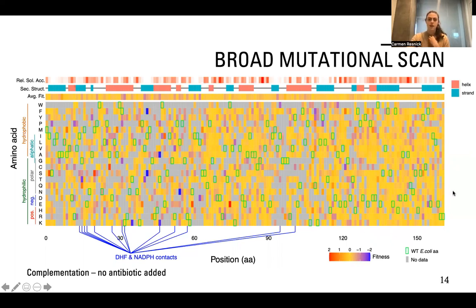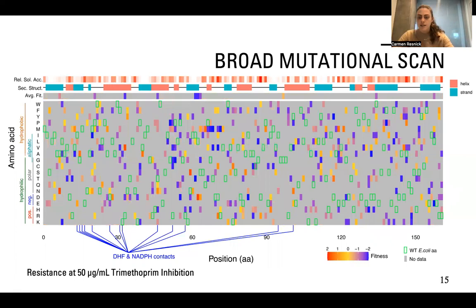Now, we've done this again as well, only with a high trimethoprim inhibition concentration. And so what this shows us is a lot of these species are not able to survive in E. coli against trimethoprim, as expected.